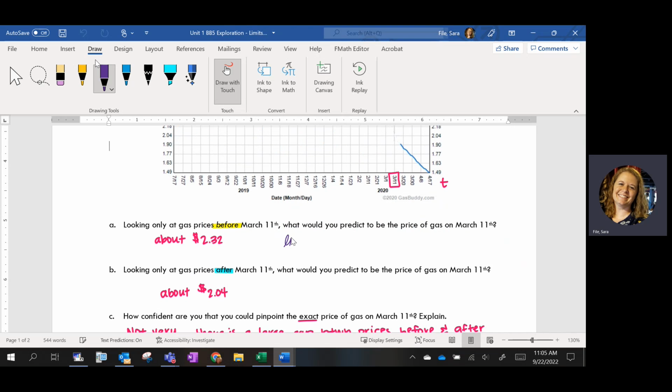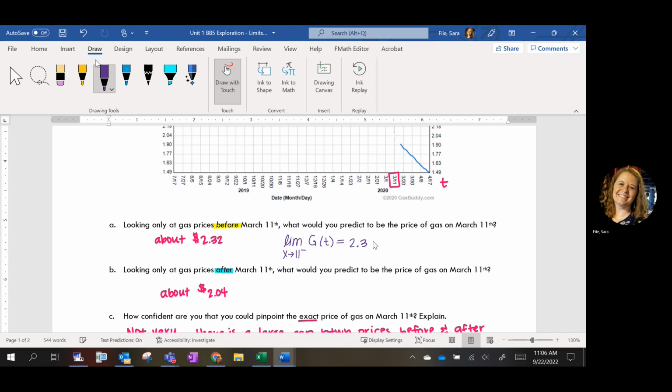As a limit, I would say this is the limit as x approaches the 11th from the left. I'd put a little minus from the left. And we called this function g of t. So the limit as x approaches 11 from the left for g of t is 232. That's what that scenario means in limit notation.